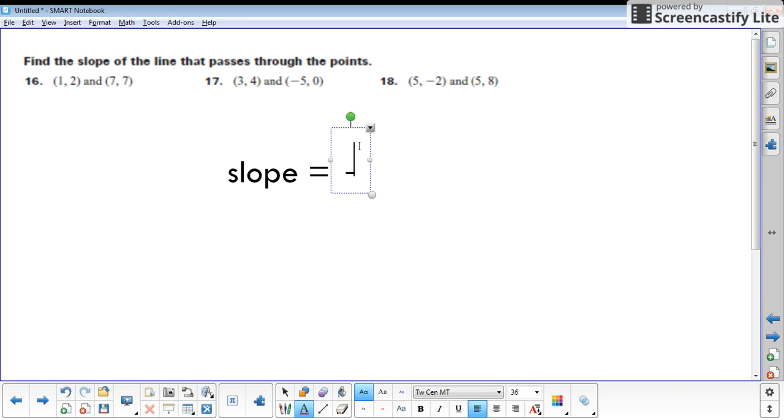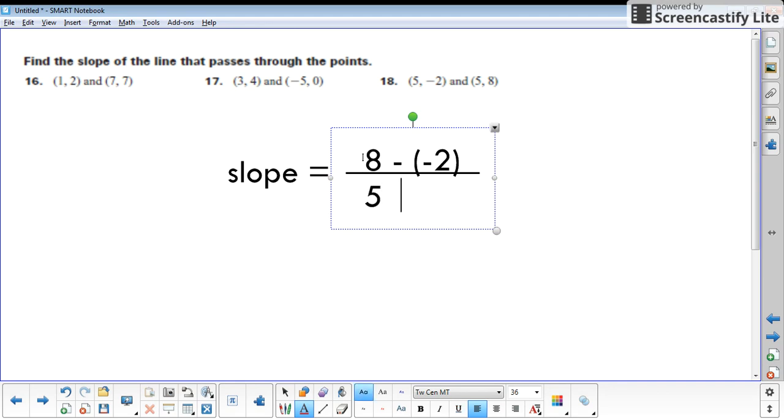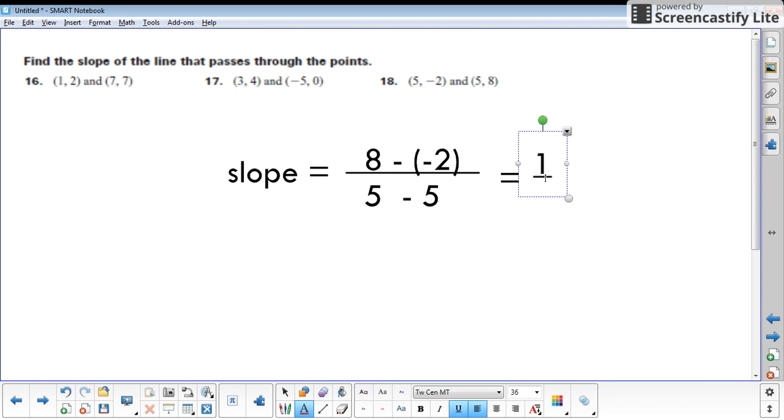For this one, you again just pick the y values. We've got 8 minus -2 on top, and on the bottom it's 5 minus 5. So you've got 10 on the top and 0 on the bottom.